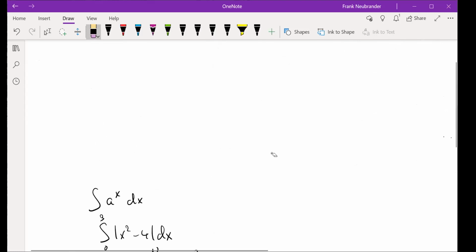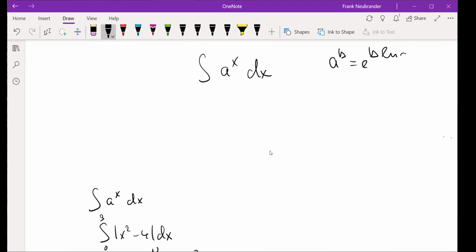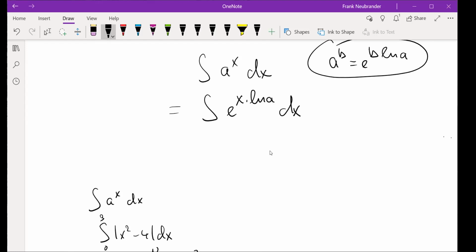Okay, the integral of a to the x dx. The other main formula you need on your formula sheet is that a to the b is the same as e to the b times the logarithm of a. So if you use this formula here, then this becomes nothing but the integral of e to the x times the logarithm of a dx, where the logarithm of a is some constant and x is the variable.